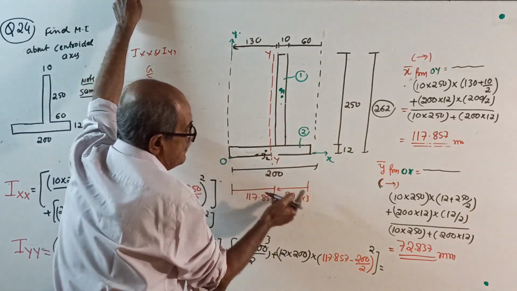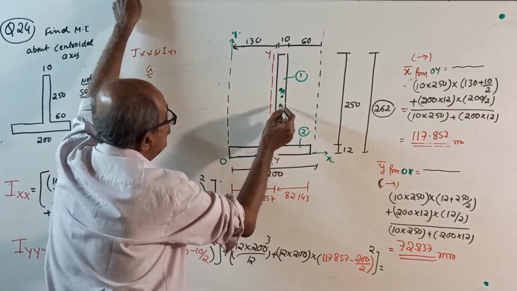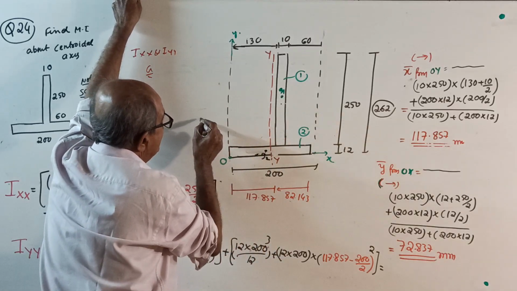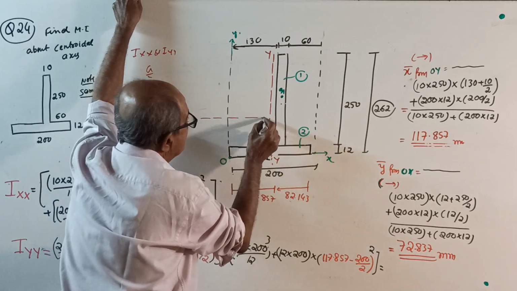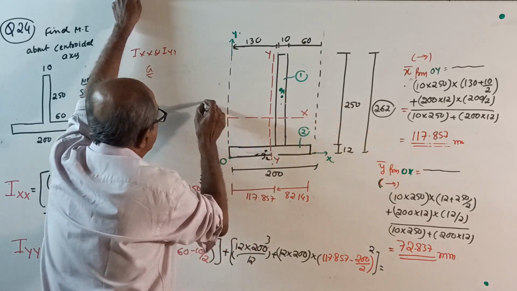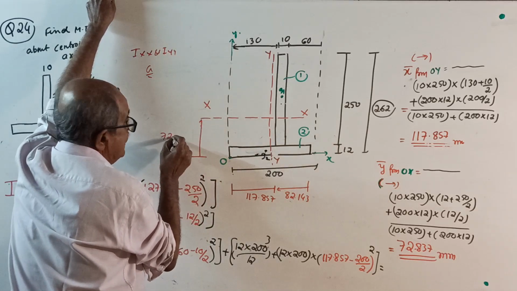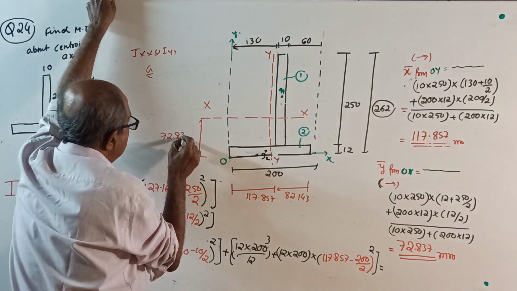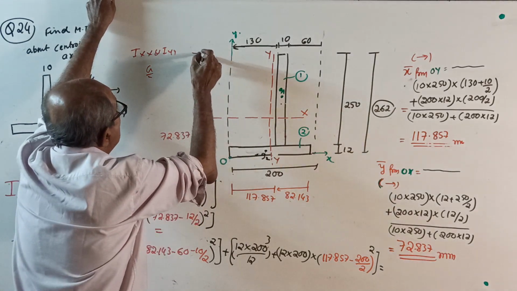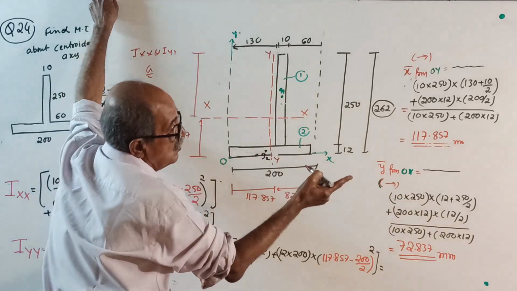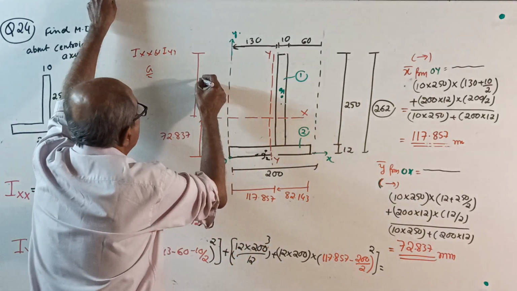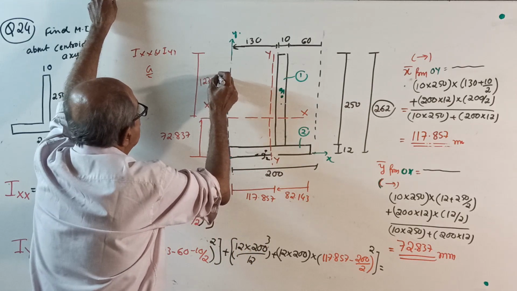Y bar 72.837, so it will be much earlier, somewhere here. This is the X axis. 72.837. From the top edge, it will be 127.163. I noted down. It's not wasting time.